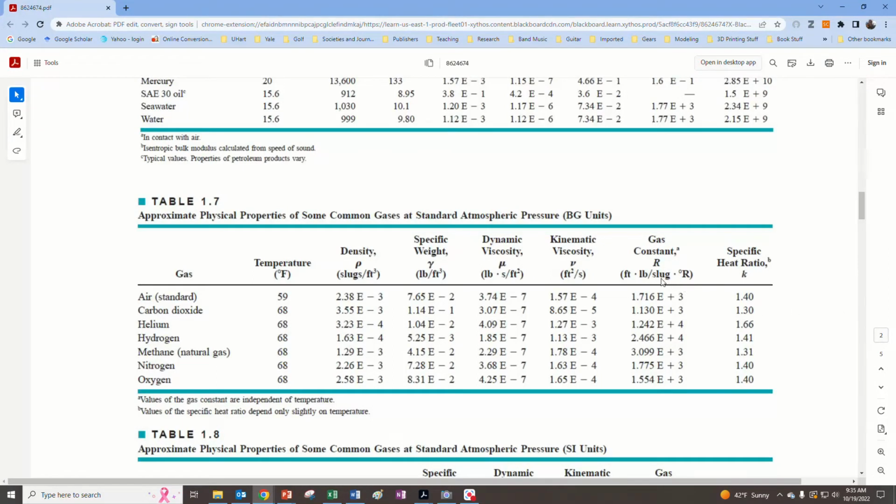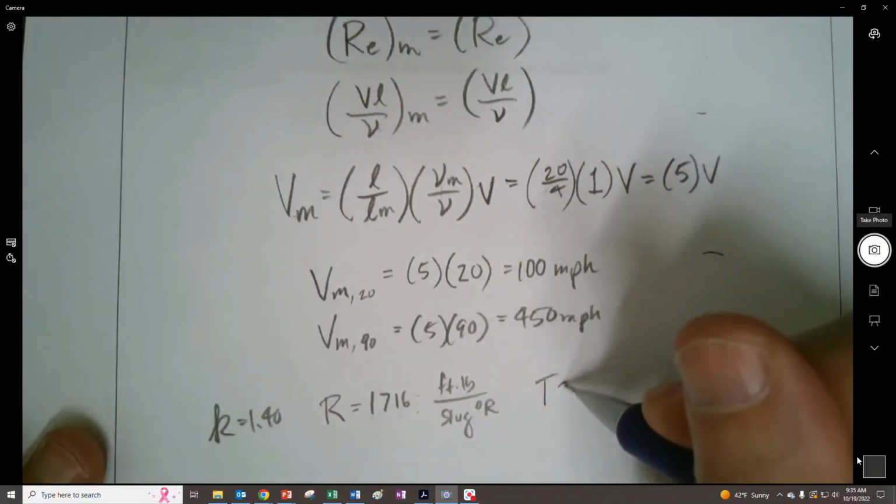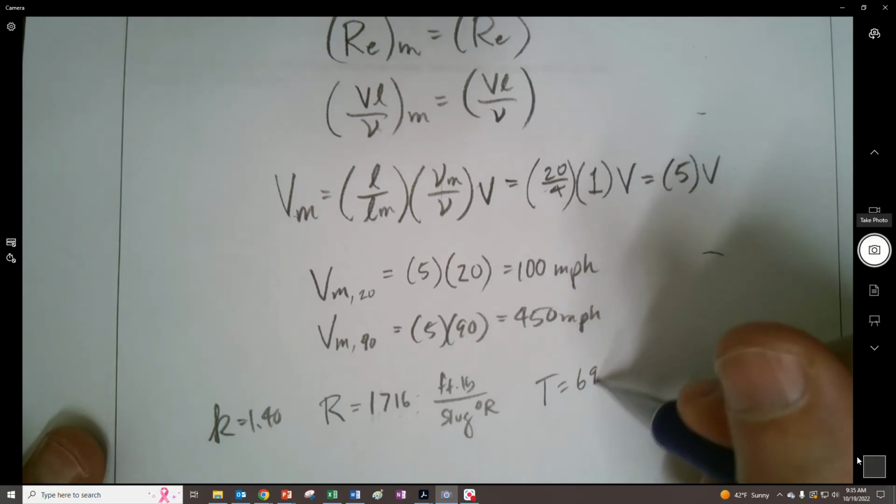And we're going to have a gas constant, I'm writing this down, of 1,716, so we don't have to do the e to the 3 thing, and remember those are foot-pounds per slug degree Rankine. And then also the temperature, what did I say? I think I said it was 69 degrees Fahrenheit.